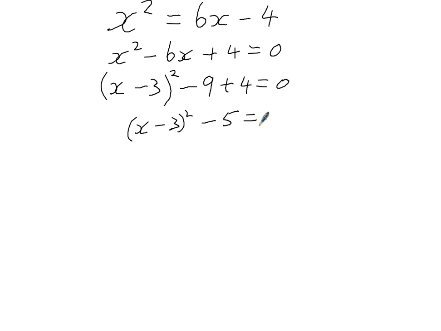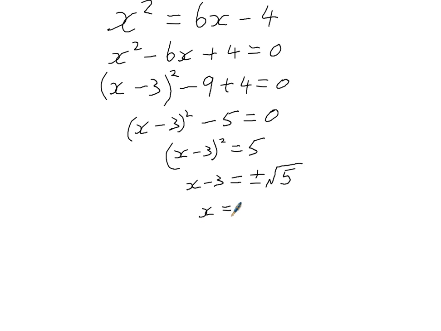I'm going to add 5 to both sides. Take the square root. Plus or minus the square root of 5. So x is equal to 3 plus or minus root 5.